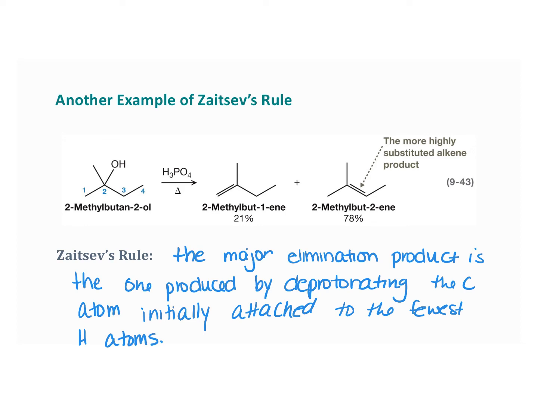And so that's what we see here, right? This carbon is only attached to 2 hydrogen atoms. That carbon has 3 hydrogen atoms. That's the one that's removed. And so that's what he observed.